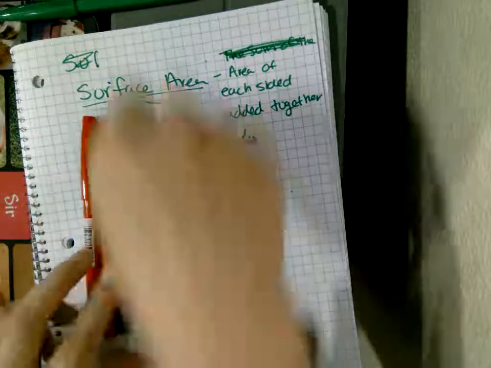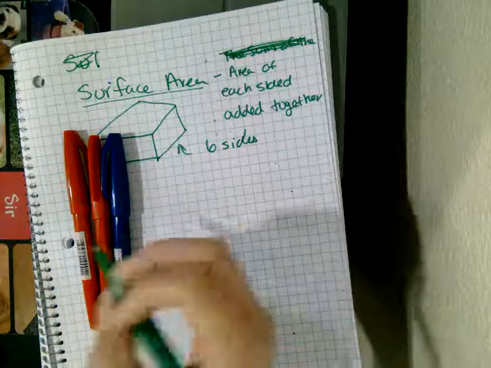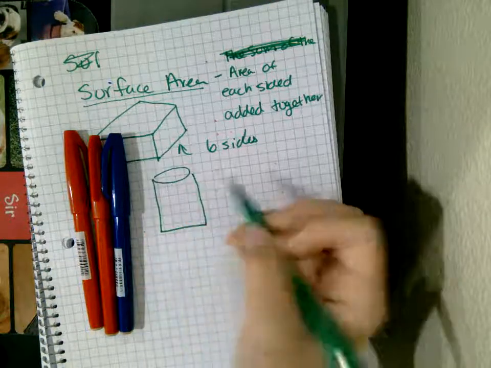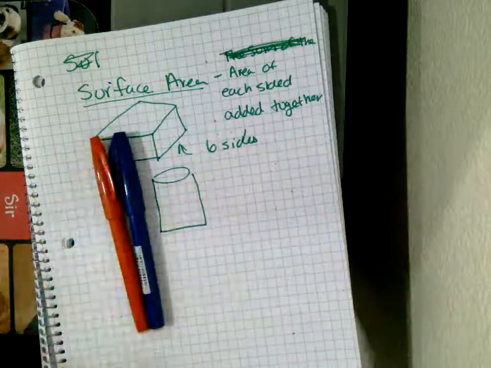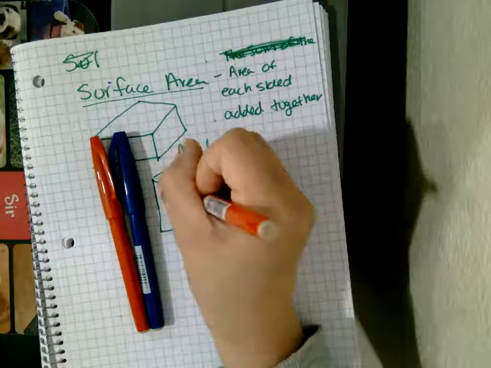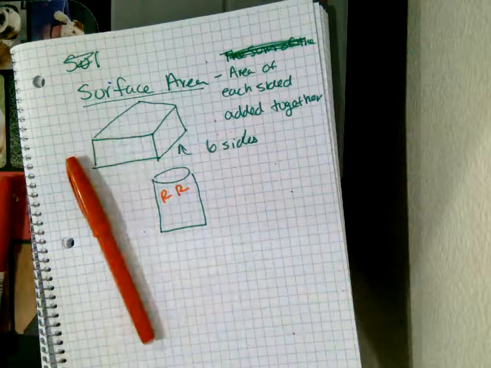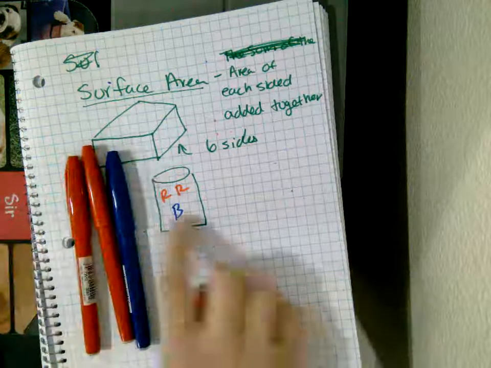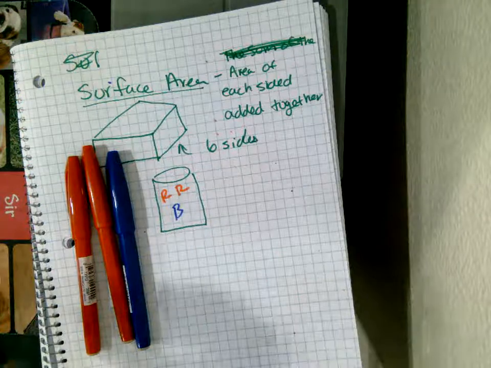Okay, I have this in a bag. So here's my container. I have a red and a blue marker, right? A red and a blue. Super easy.